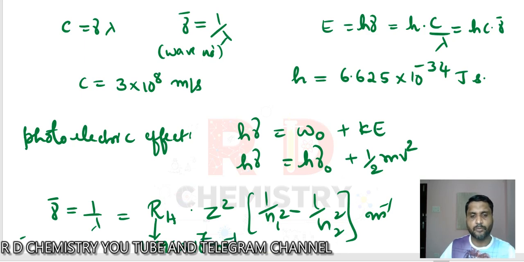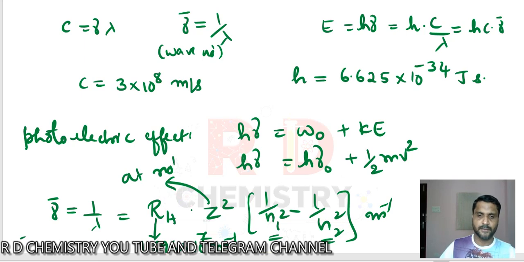I have written meter inverse; it can also be written in centimeter inverse, 10 to the power 5 centimeter inverse. And what does Z stand for? That stands for the atomic number of the element. What are n1 and n2? These are the shell numbers for the Lyman, Balmer series, all those things. Different numbers for different series. That you have to remember. Clear?